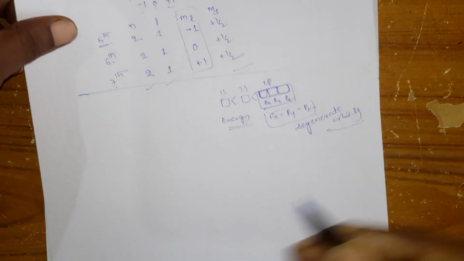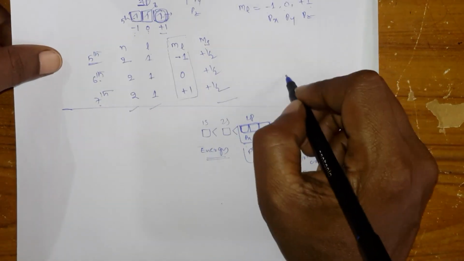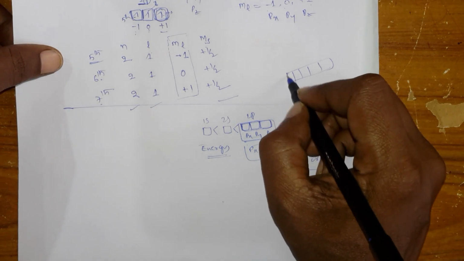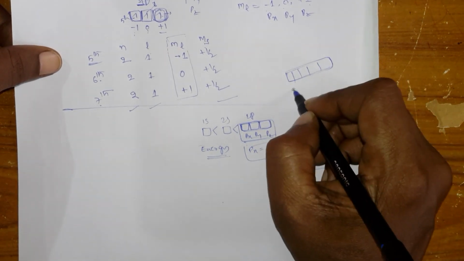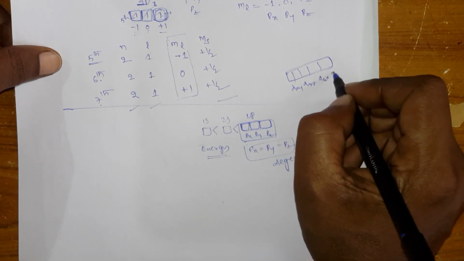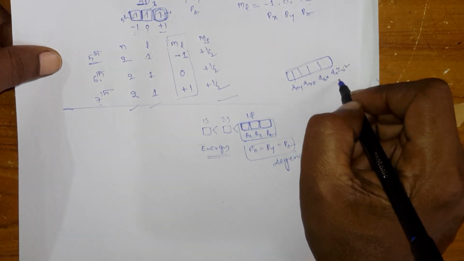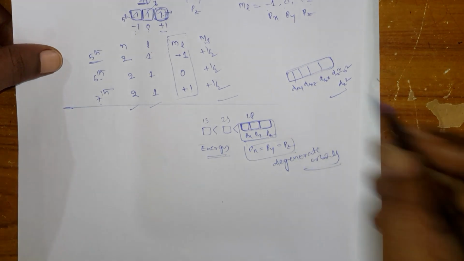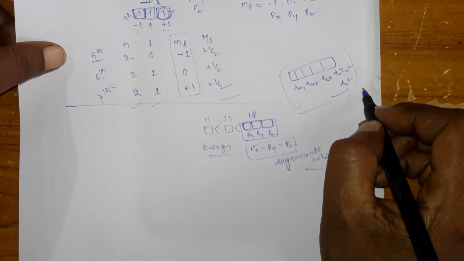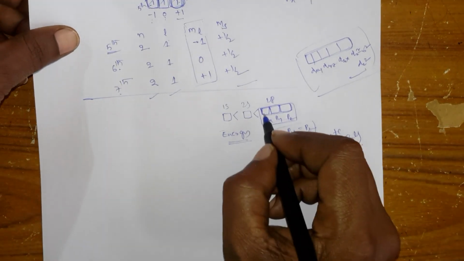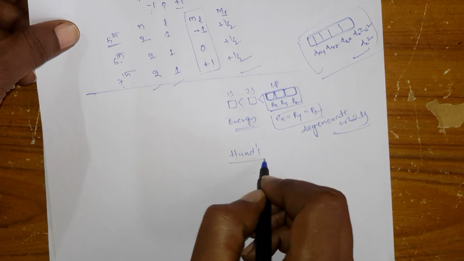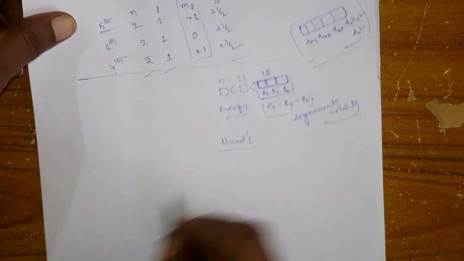orbitals. Come to the d. You know that d has a set of 5 orbitals. So these 5 d orbitals: dxy, dyz, dzx, dx square minus y square, dz square. These are all degenerate. In these degenerate orbitals, according to Hund's rule of maximum multiplicity, what do you have to do?